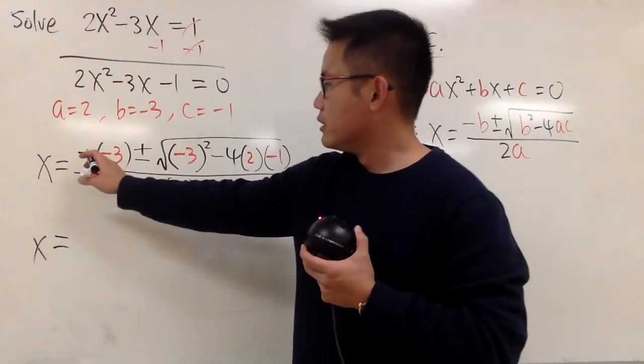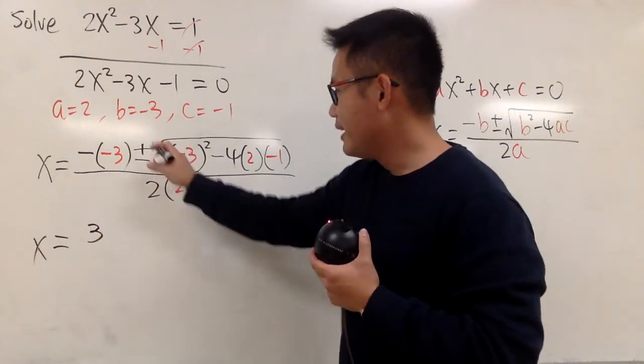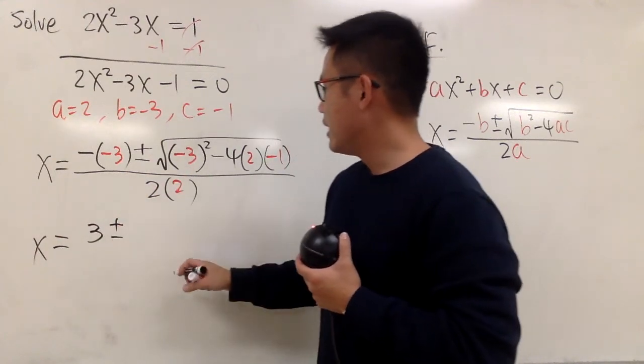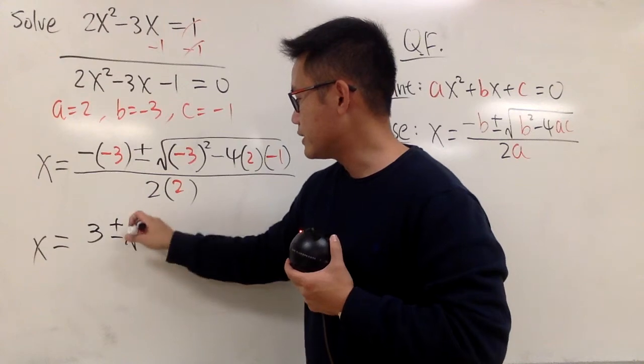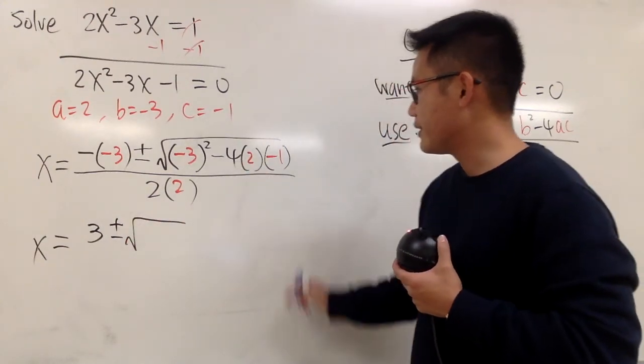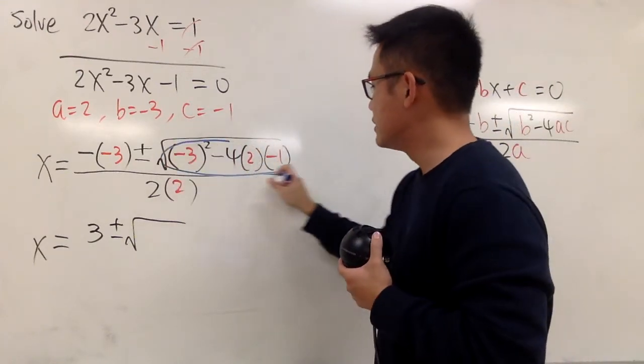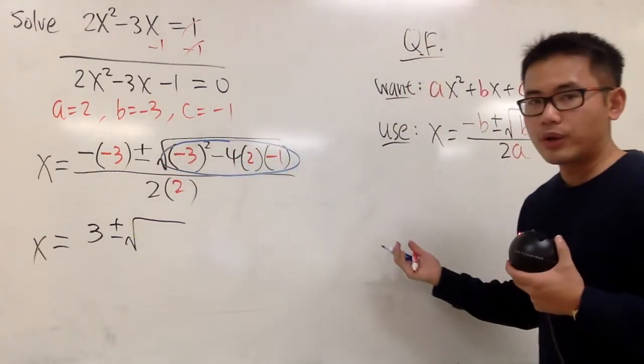So for example, negative 3, we know that's equal to positive 3. And then plus or minus, and we'll open the square root first. And now let's work this out on the side right here, okay? So just the inside, just this part, I will show you guys the work right here.